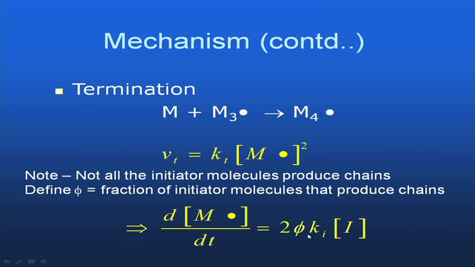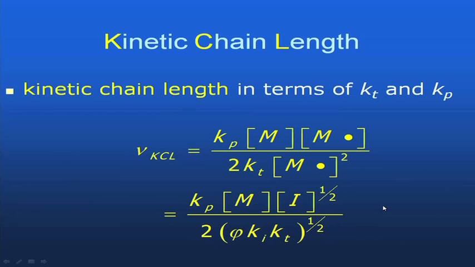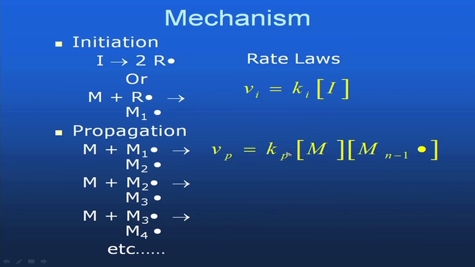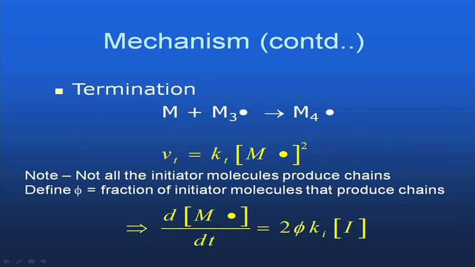So, you put 2 phi KII d/dt of M dot, which takes into account this probability of producing a chain. In terms of kinetic chain length, you have to write it in terms of Kt and Kp.